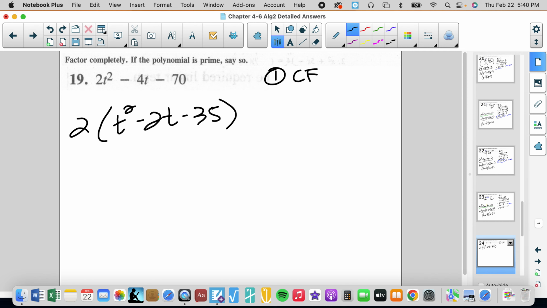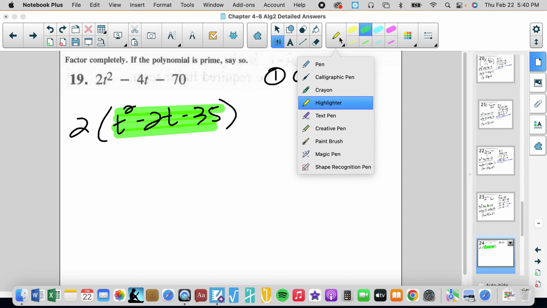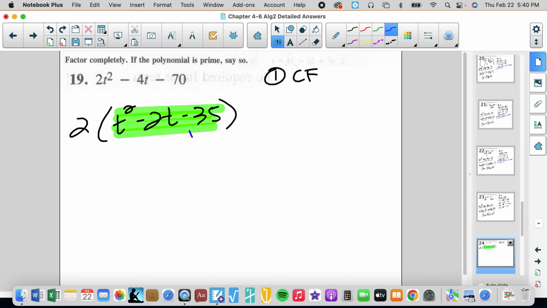And now we go through the process, and we're only looking at the trinomial. We're just factoring this. Now, we don't have to do a times c because a is equal to 1. So we would be able to do, we're subtracting factors of 35. Signs are different, and bigger is negative. So 1 and 35, 2 no, 3 no, 4 no, 5 and 7.